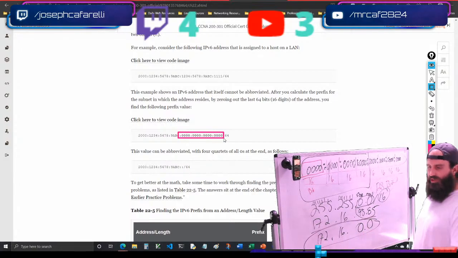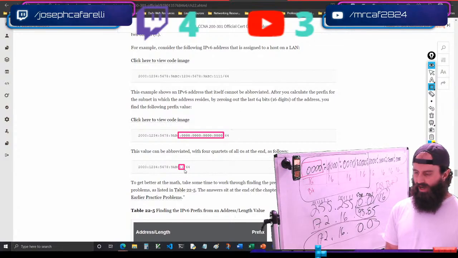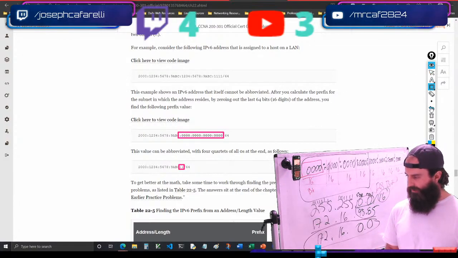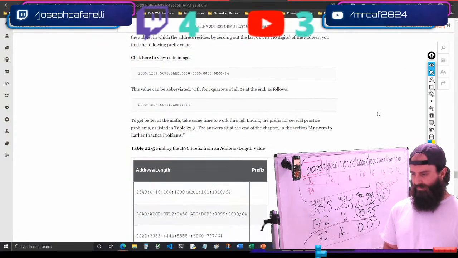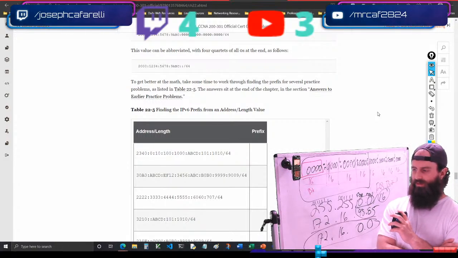Okay, same logic is sound. All right, and then it's just covering that it could be abbreviated down by using the colon. You abbreviate the 4 quartets all with the colon as follows.